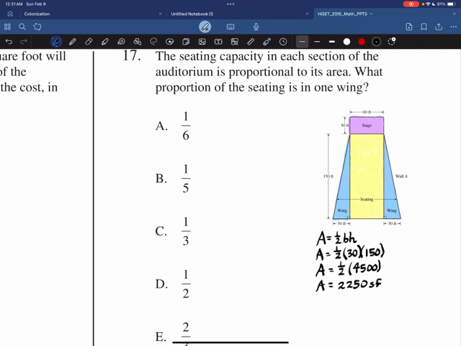That's for one triangle. And we have two triangles. So 2250 times 2 is 4,500. So we have 4,500 square feet of seating space for the triangles.